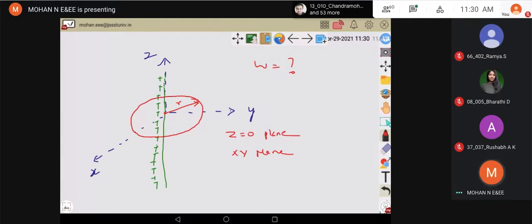Path is on the xy plane and the field is on the z axis. The field is on the z axis and the path is on the xy plane. So the path is perpendicular to the field. There is a line charge, and for example, if you take the field directions like this, you can expect the field like this.